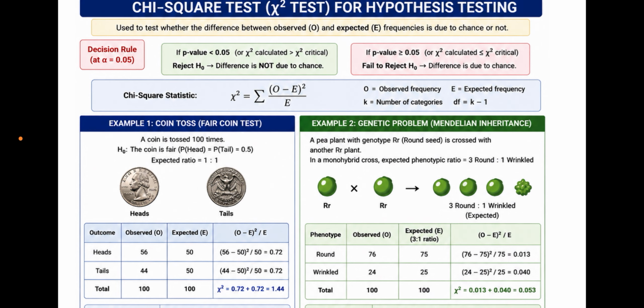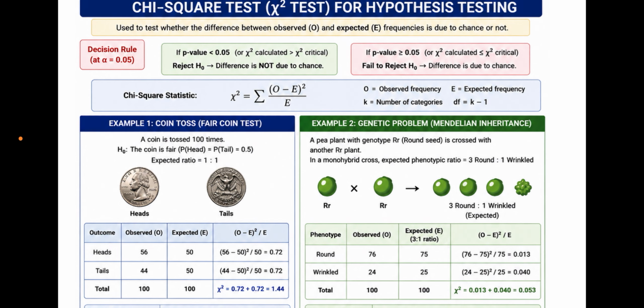When we get a chi-square value less than 0.05, the possibility of such a difference coming by chance is very small. So we say the difference is really a difference, meaning we reject the null hypothesis and support the alternative hypothesis.